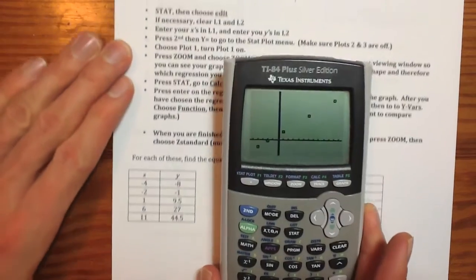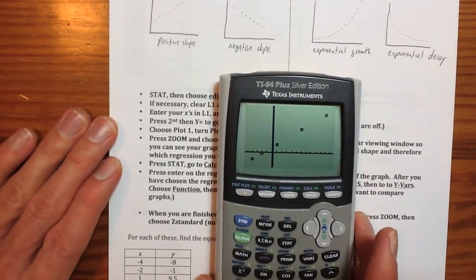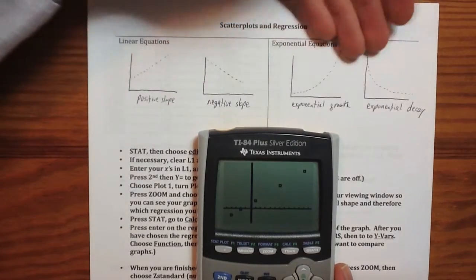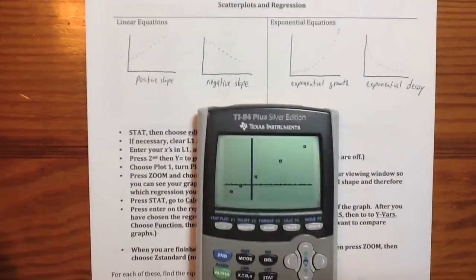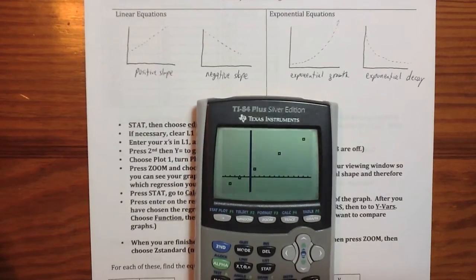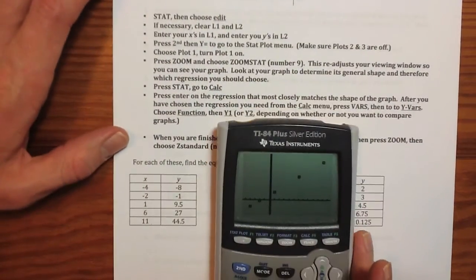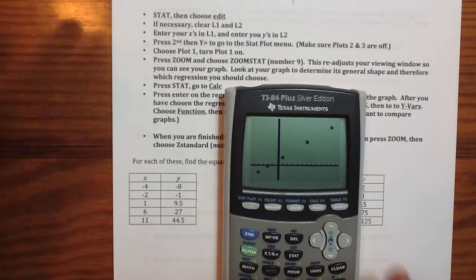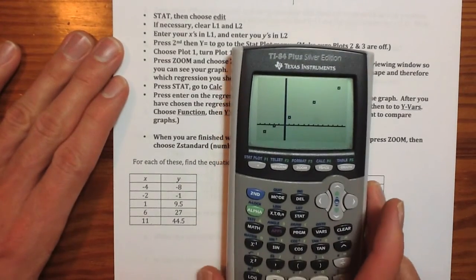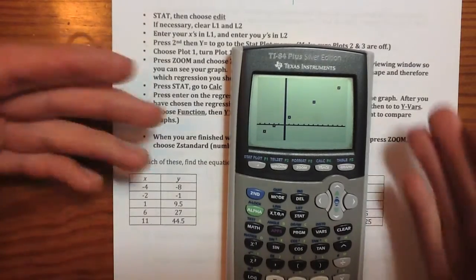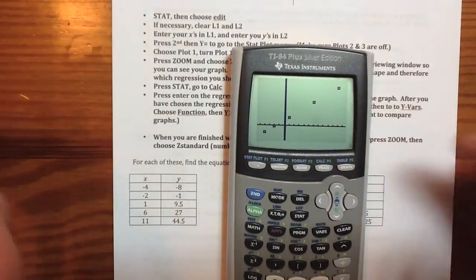So tell me, not like I can hear you through the computer screen, but tell me, is this linear or is it exponential? I think it's safe to say that this little guy right here is linear. So we want to choose a linear equation. All right, let me tell you what the word regression means. Regression is just a fancy way of saying I want to find the equation for a scatter plot.